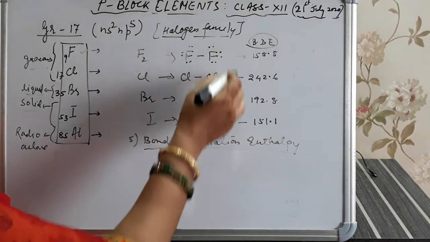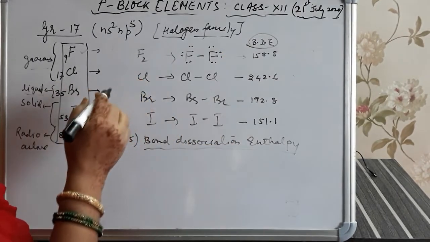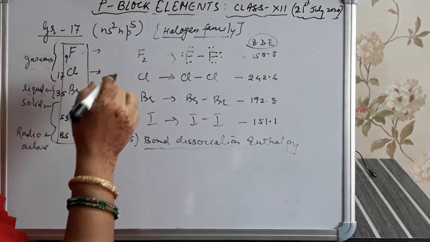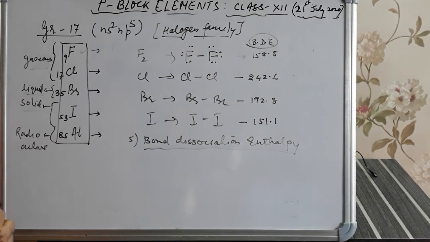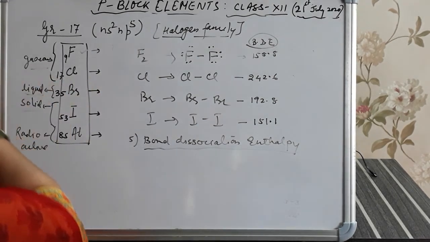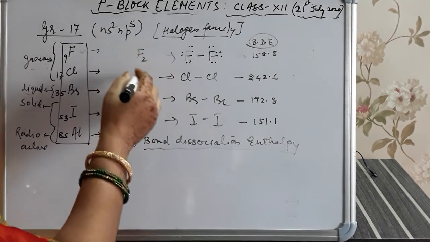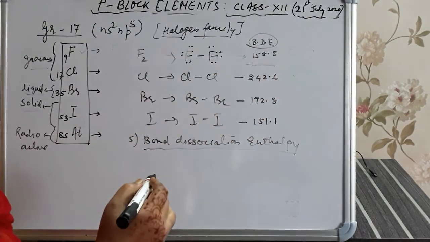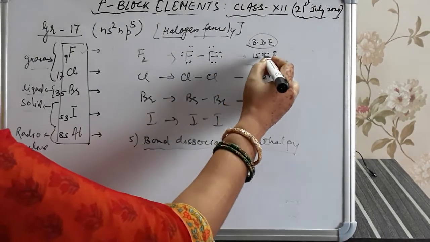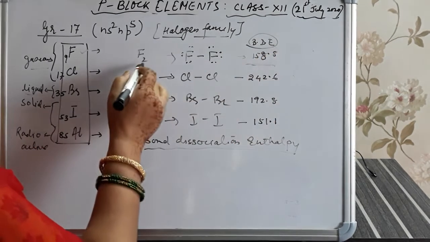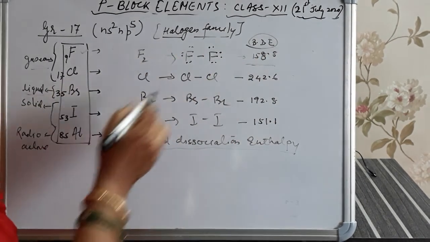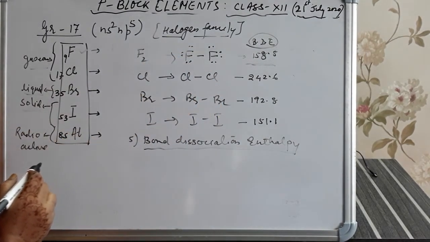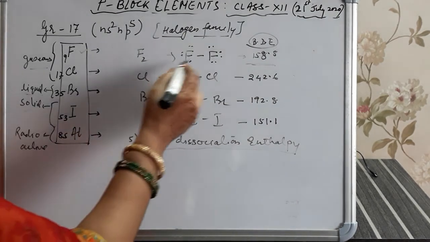So here the trend changes, because the bond dissociation enthalpy is expected to be high for fluorine, being small in size with a strong force of attraction, but it is less than chlorine because of the presence of non-bonding electrons around the fluorine atom and the inter-electronic repulsion.